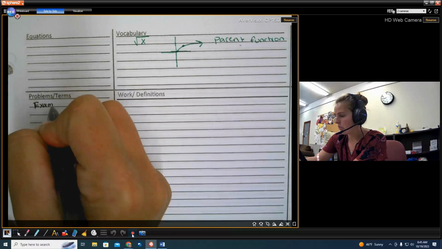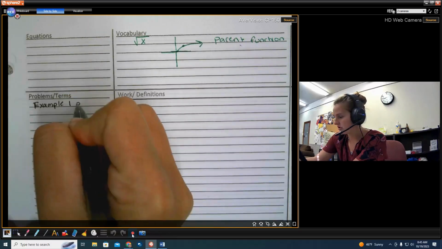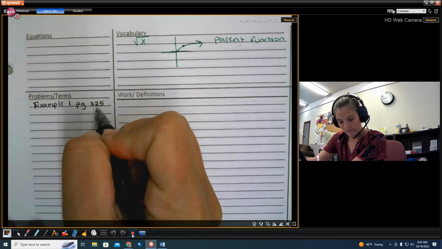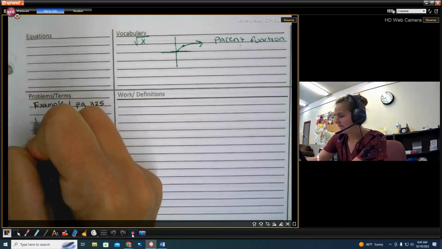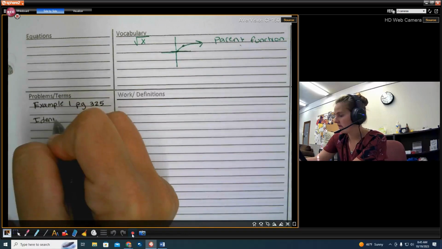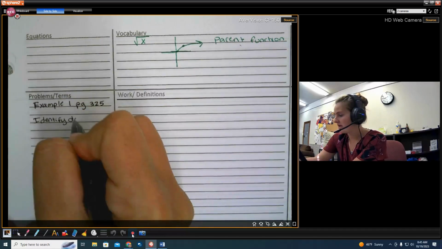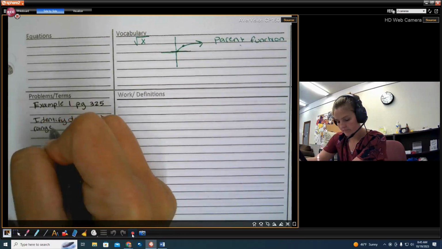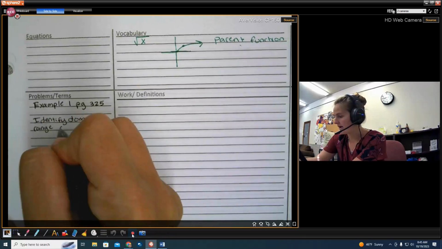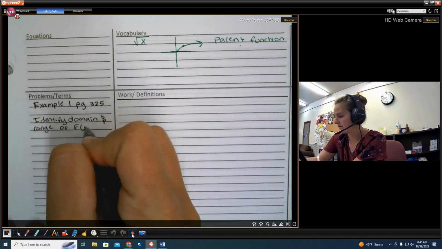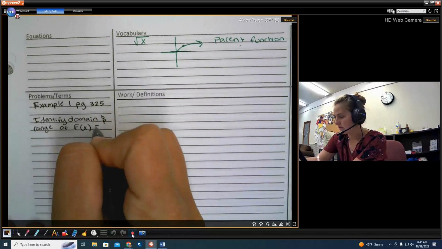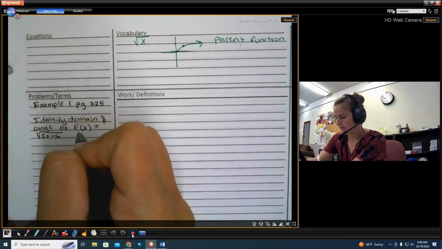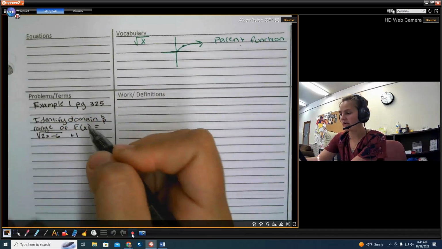Example 1, page 324. And we put identify domain and range of f of x equals square root of 2x minus 6 plus 1.